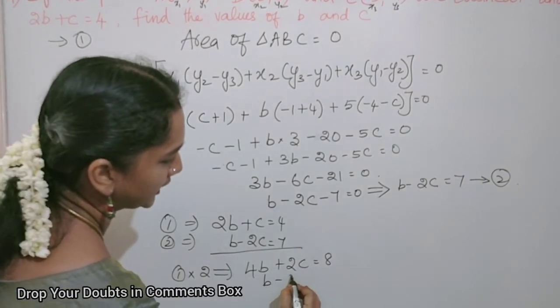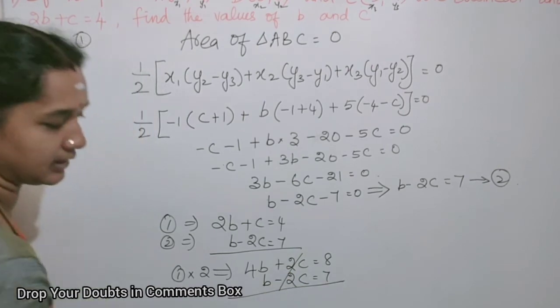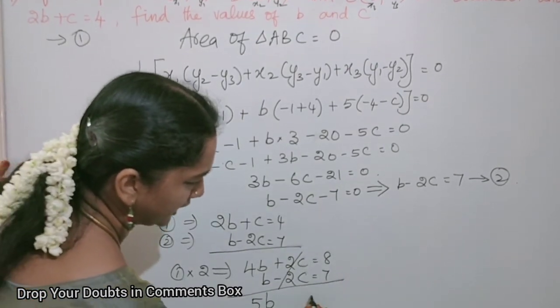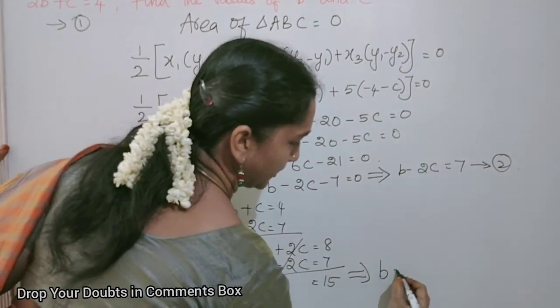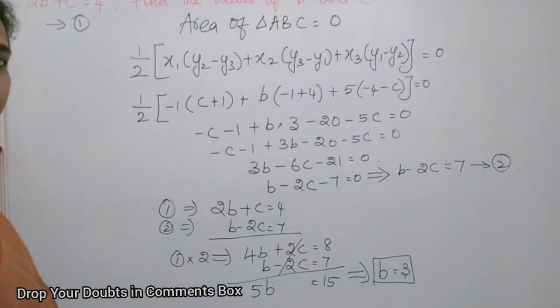Then b minus 2c is equal to 7. When I add, this term will get cancelled, so I will get 5b is equal to 15. So b is equal to 3. So I got the b value here.